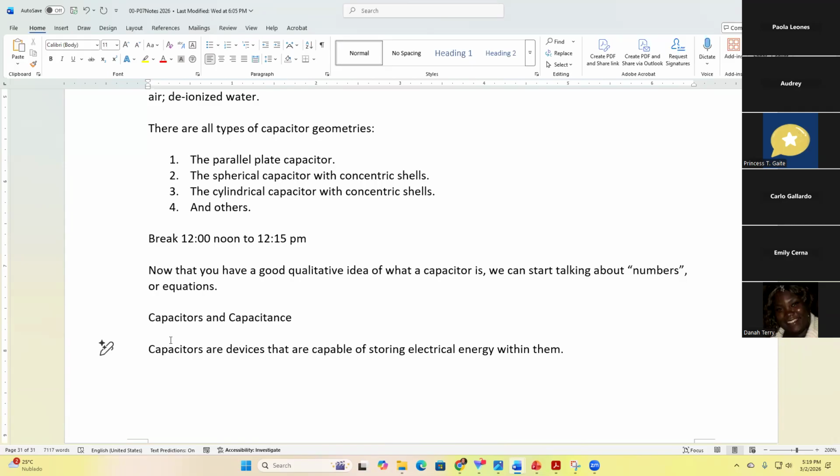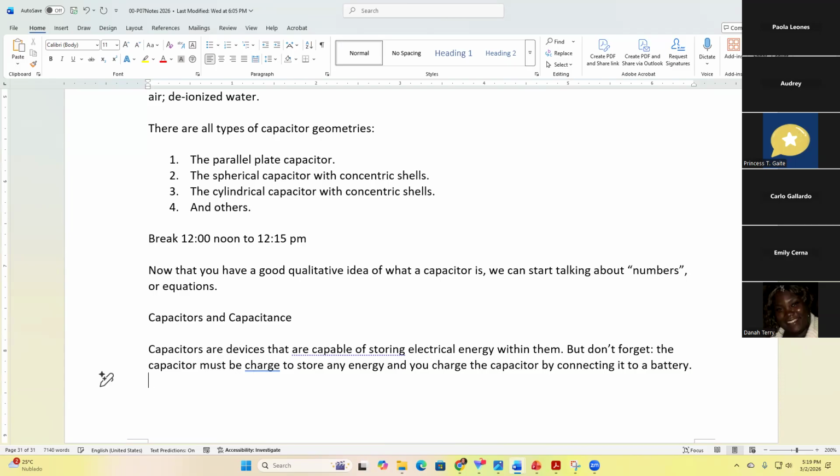But don't forget, the capacitor must be charged to store any energy. And you charge the capacitor by connecting it to a battery. That's one possible way. There are other ways too.